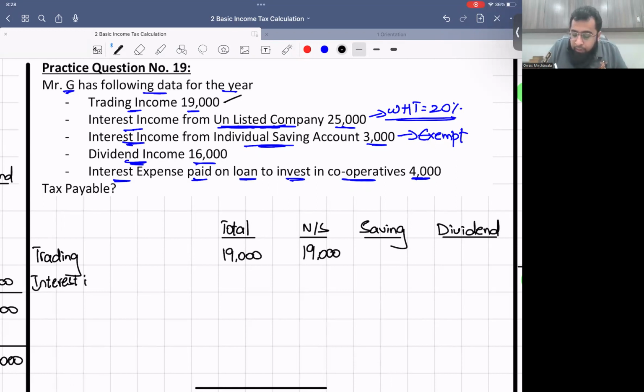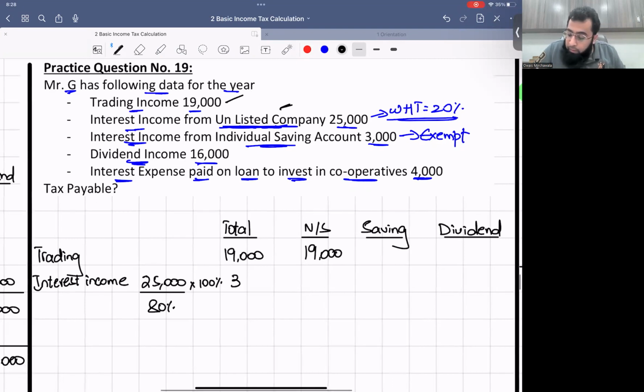Normally on interest income, there is no withholding, but since it's an unlisted company, we need to gross it up, divided by 80%, multiplied by 100%. So the gross amount will be 31,250. And this goes in the head of saving income. Okay. Then we have individual savings account.